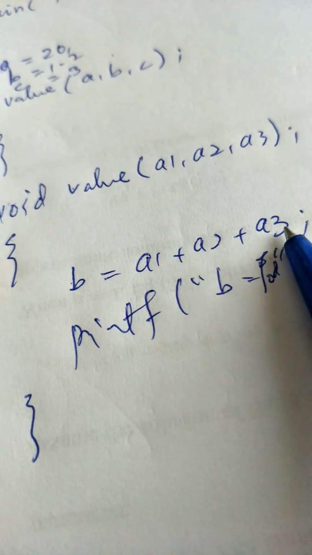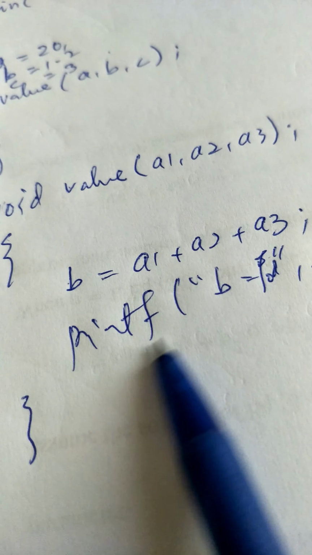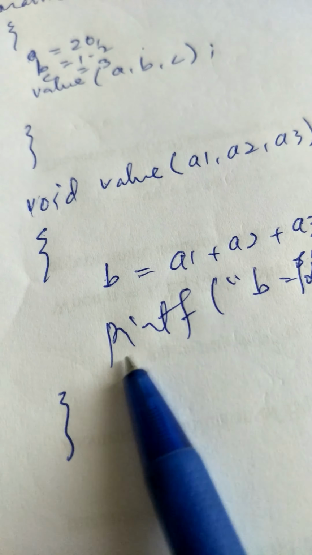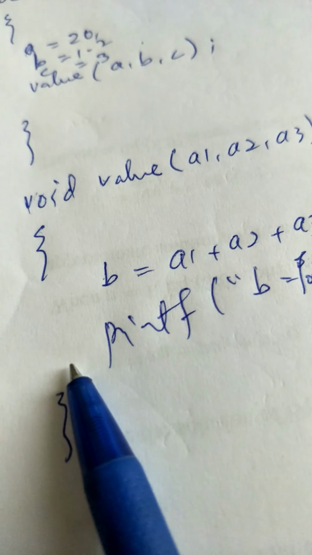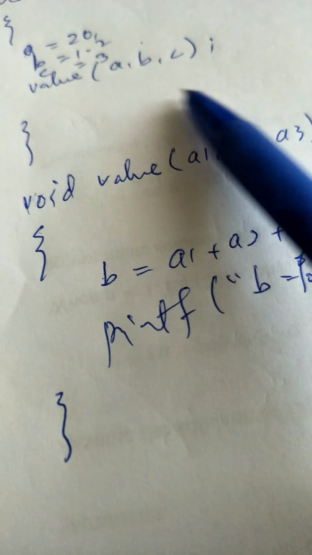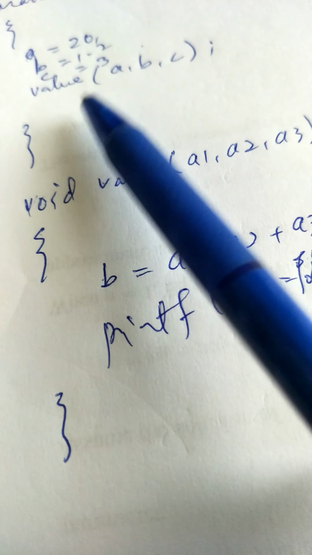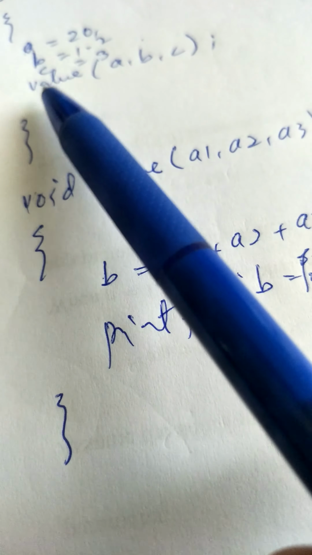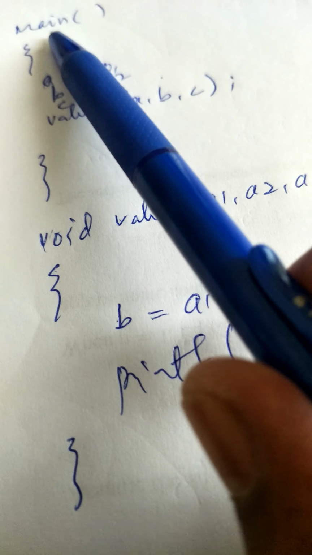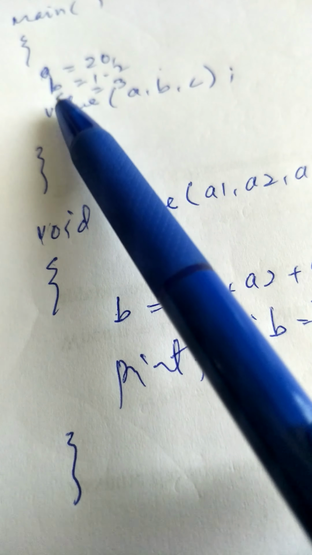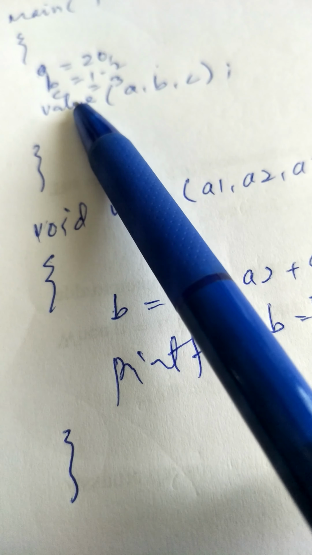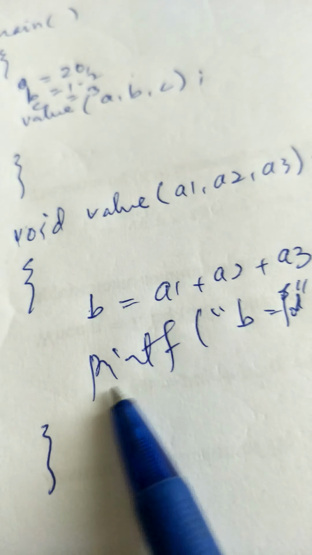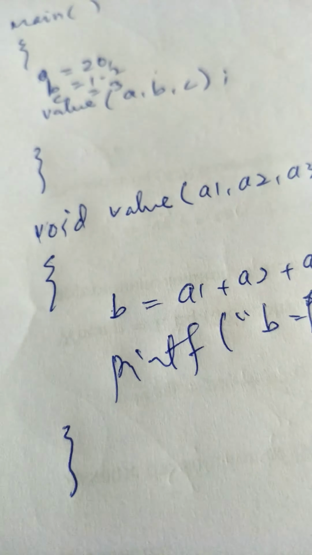In this case, we add up all those values into B, and we print B inside the function. Now, when you call this function, the compiler comes to that function and prints the output.